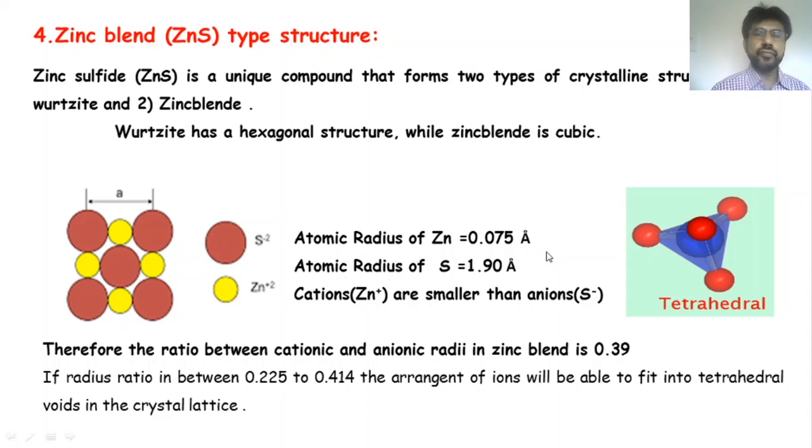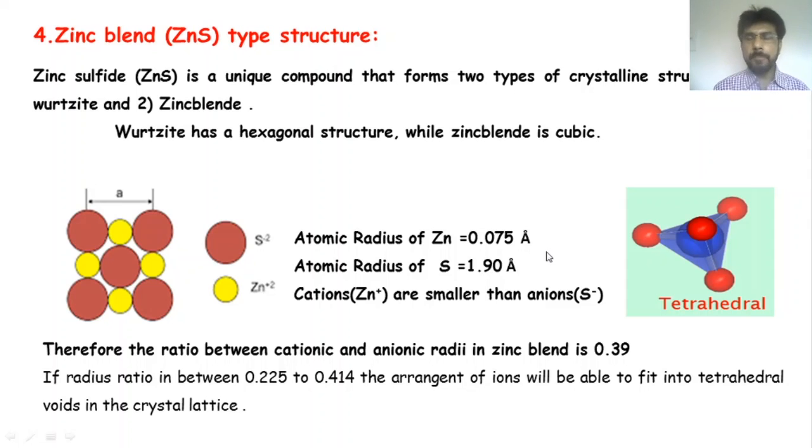Now here, the cations are smaller than the anions, therefore the anions form the cubic type of the structure and the cations will be present at the body center.